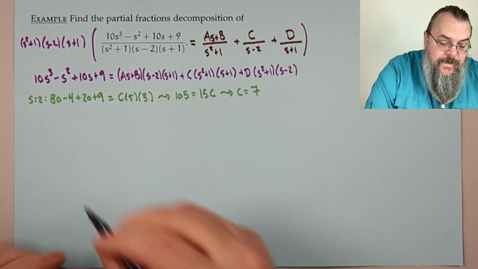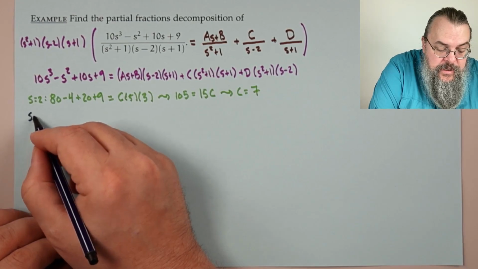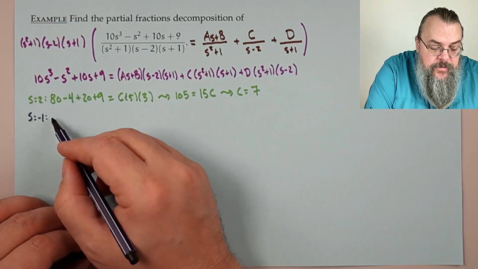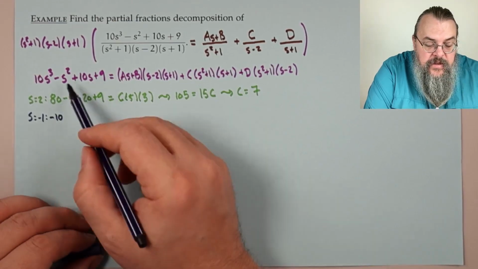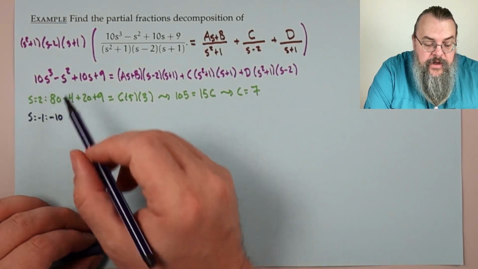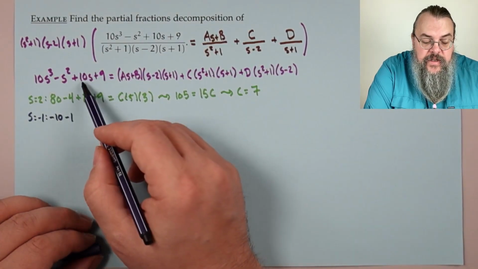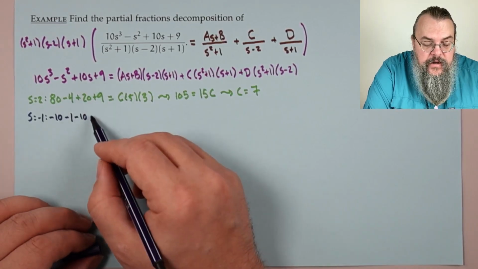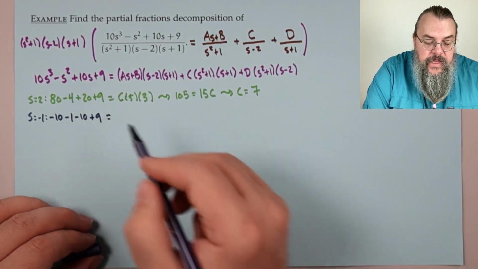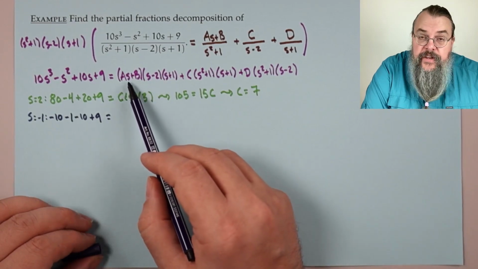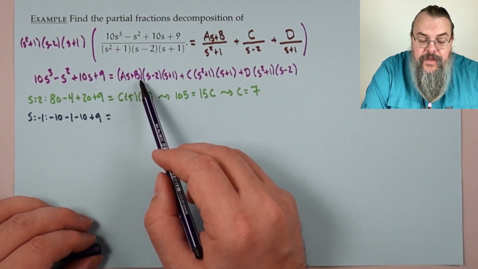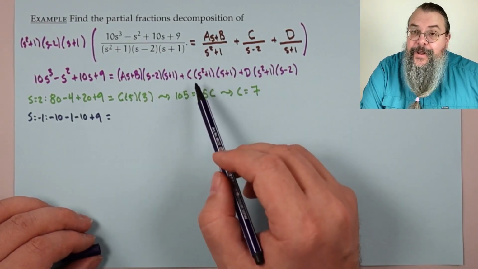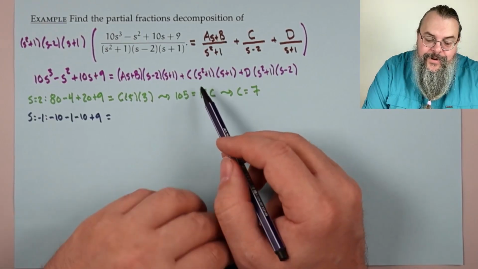Minus 1. So we can plug in minus 1. 10 times minus 1 cubed, that's minus 10. And then here we have minus 1 squared, so that's minus 1. 10 times minus 1, minus 10, lots of minuses here. And plus 9. Now we're going to get (minus a plus b) times minus 3 times 0. Aha, 0. See, 0 is a friend. We like 0.